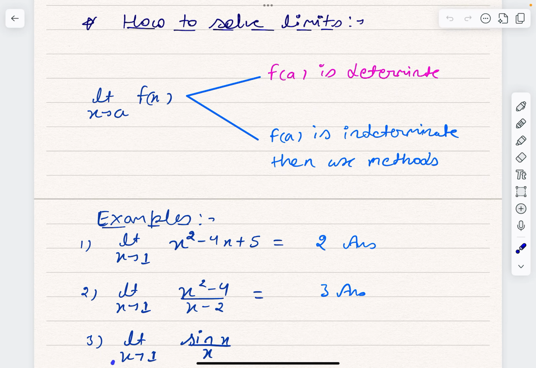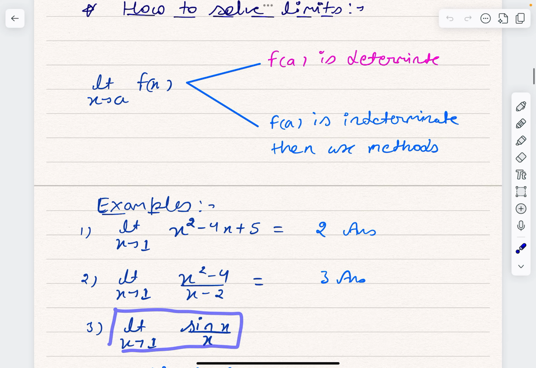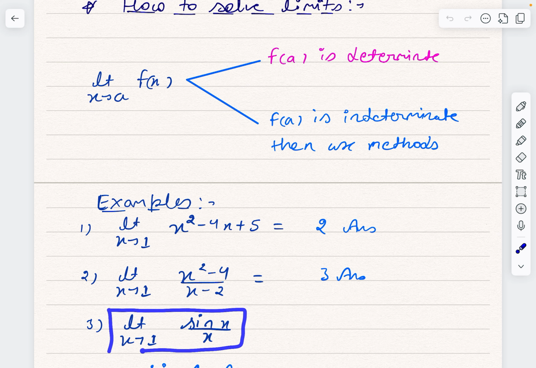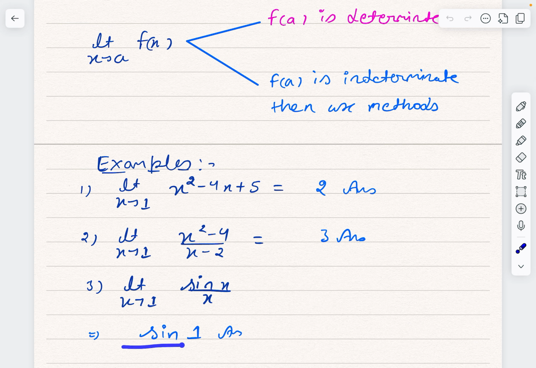Limit x tend to 1 of sin x by x. What will be the answer here? You put x as 1 here, you get sine 1 by 1, which is just sine of 1. So that is the answer.